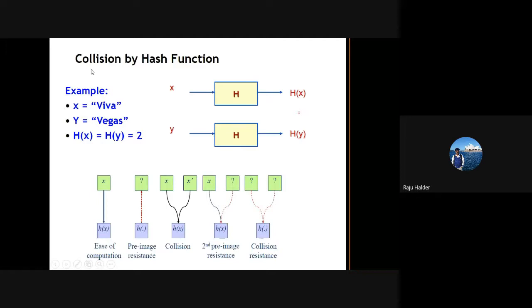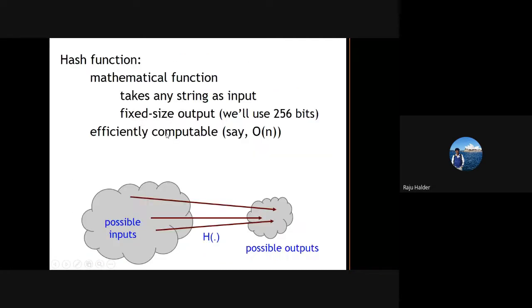So now, is it possible to remove any collision from this? Can you define any hash function that will not have any kind of collision? Anyone? Not possible. Collision must exist because the input domain is large enough compared to the output domain.